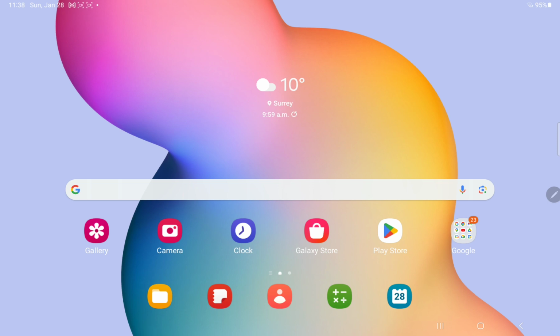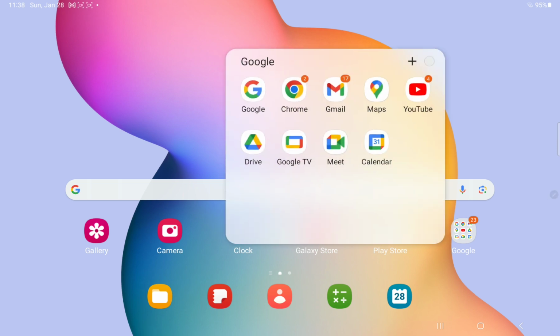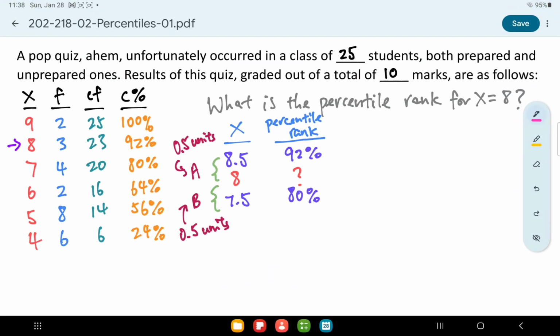So what we can do here is to consider the entire distance, which we can label as 12 units.